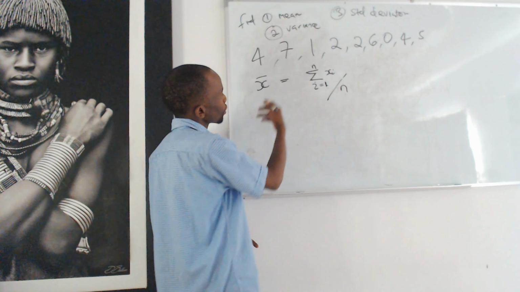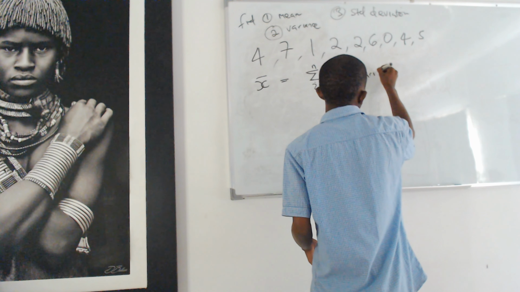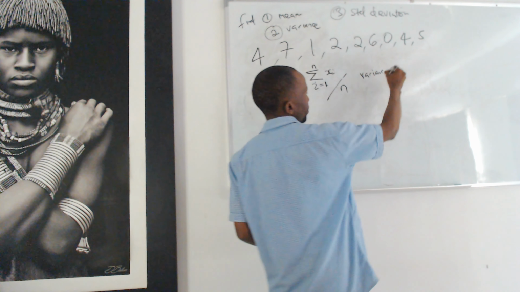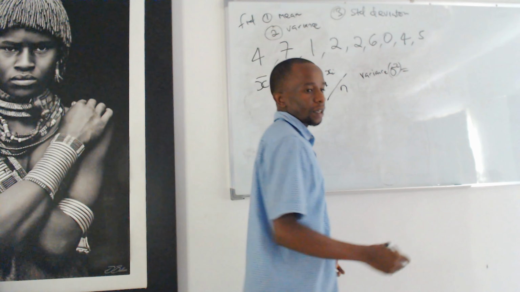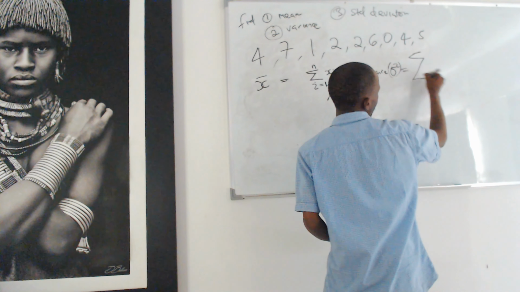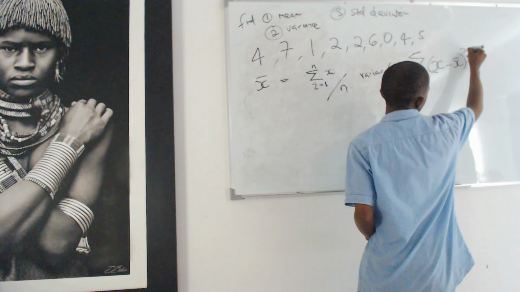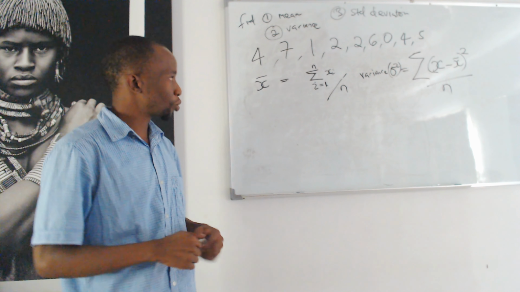And from there, what is the formula for the variance? Our variance, which can also be represented with sigma squared, is given by the summation of x minus x bar, which is the mean, squared, divided by n. So simple enough.